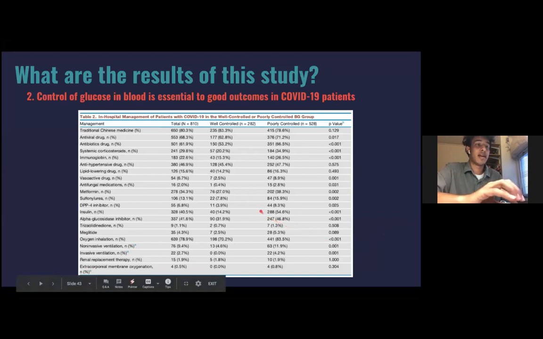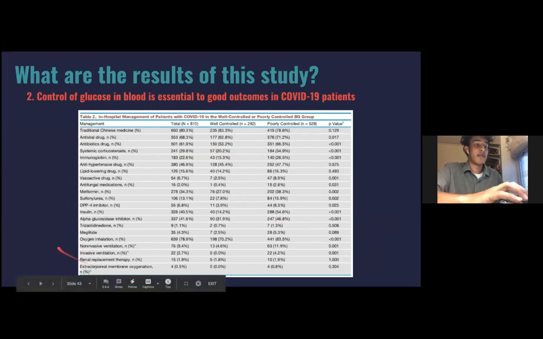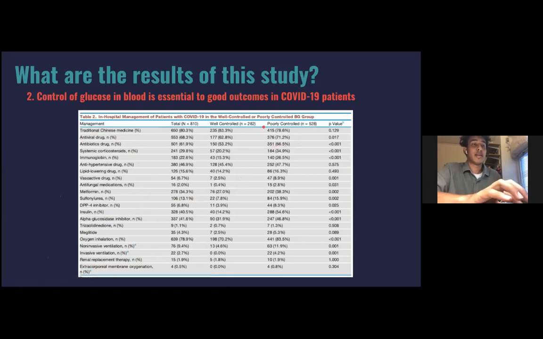In this case, they are comparing the well-controlled blood glucose cohort to the poorly controlled blood glucose cohort on the basis of medication prescription for particular outcomes that they had. Again, for pretty much every single medical intervention shown in this chart, we can see that the poorly controlled blood glucose patients had to be administered all of these interventions at a much higher rate.